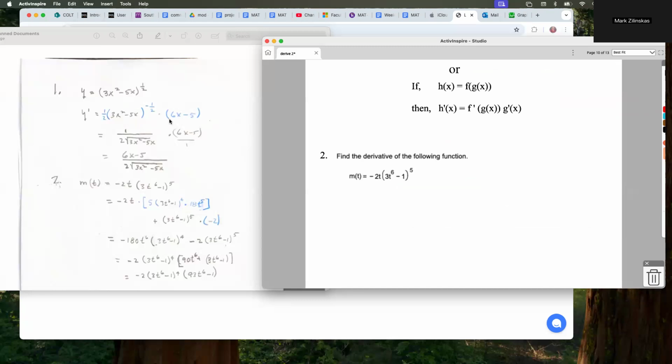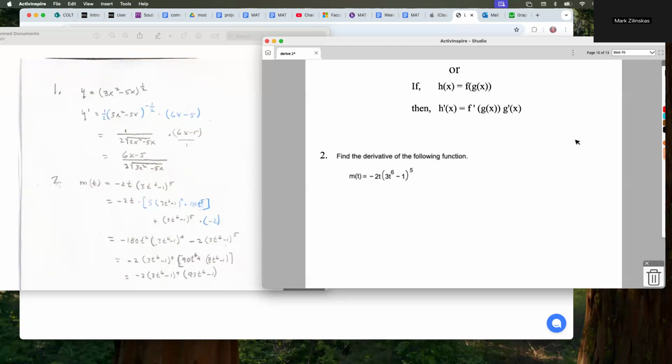And again, all I need to do is simplify that. I'm going to write this as a positive 1/2 power, and then instead of 1/2 power, I'll write the square root of x. Here I just write this as 6x minus 5 over 1, and then I multiply straight across. And that's about as simple as I can get this thing.